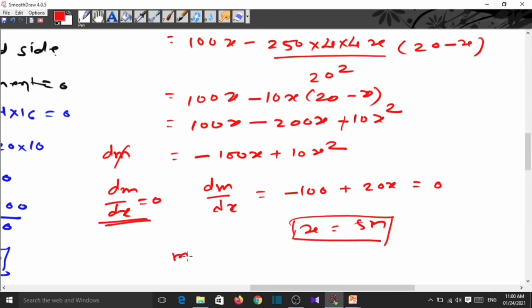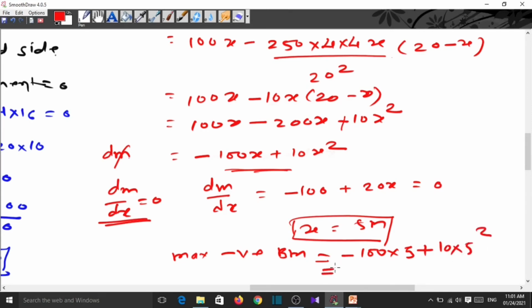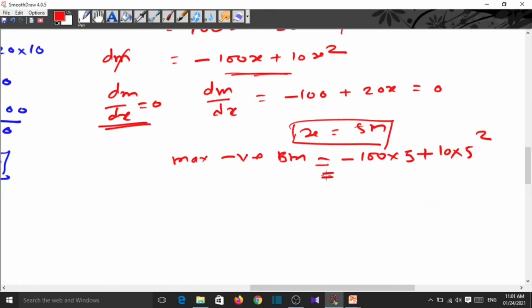So maximum negative bending moment is equal to, put this value into this equation: minus 100 into 5 plus 10 into 5 square. So we got here minus 250 kilonewton, the maximum negative bending moment.